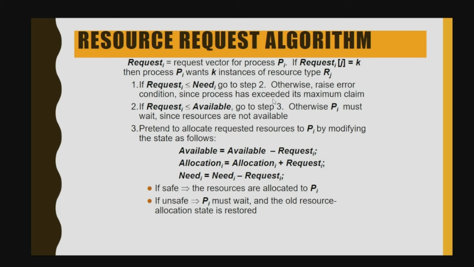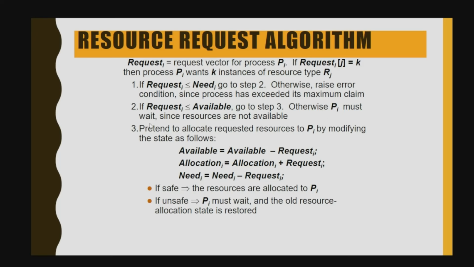Okay, this is rule number 1. If request is less than or equal to available, go to step number 3. Otherwise, P must wait since the resources are not available. Available refers to the resources we have. Okay, number 3, pretend to allocate the requested resources to P by modifying the state as follows.